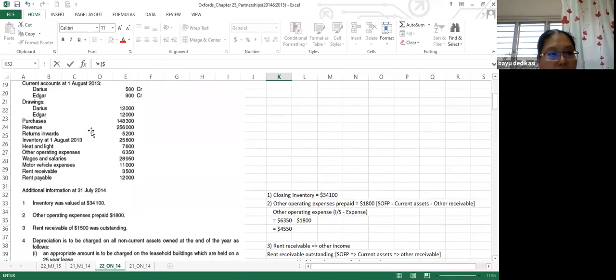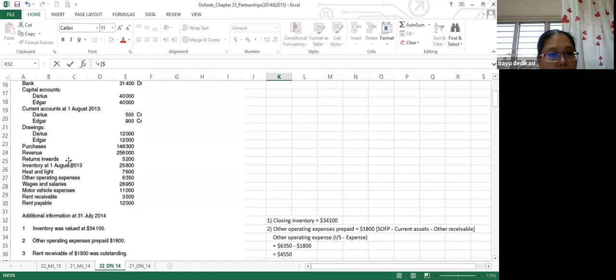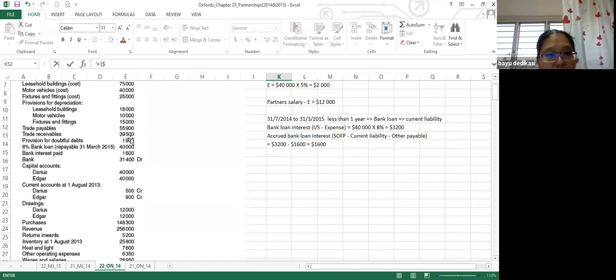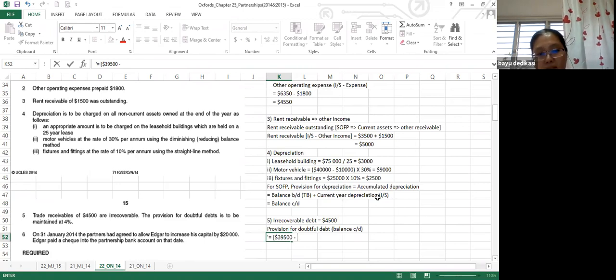Where is the trade receivable? Okay, your trade receivable 39,500, and then minus 4,005, which is your bad debt in the additional information, and then times 4%. So we get, let's see, 39,500 minus 400 times 4%, 1,004.